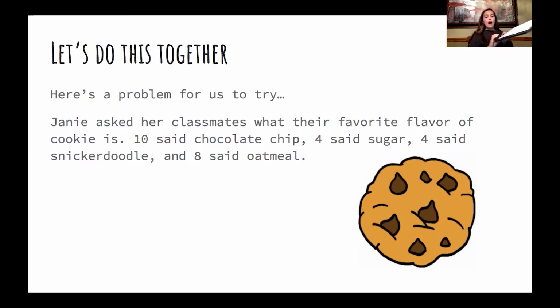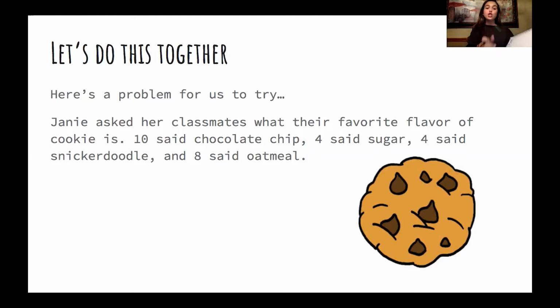And then on the y-axis, again, I would like to write it here, but since there's not a lot of space, I'm actually going to write it over here. I'm just going to say number of people. Okay. So we have cookie flavors and the number of people.